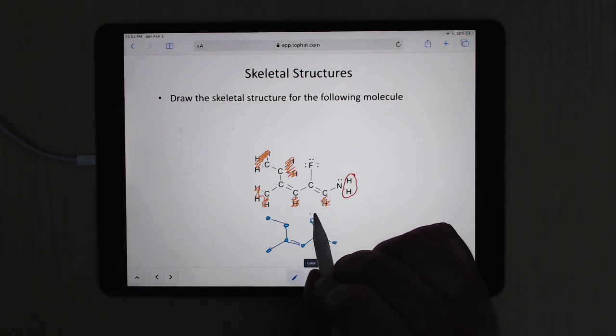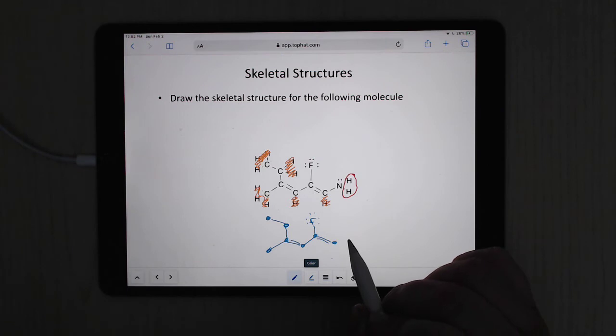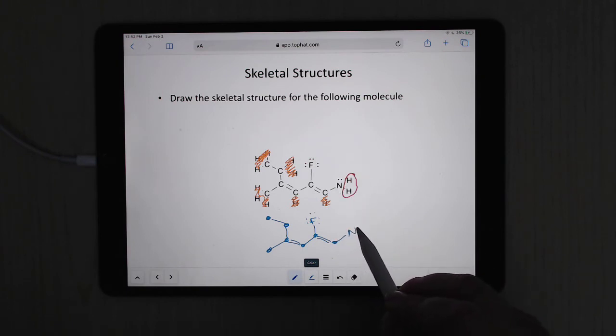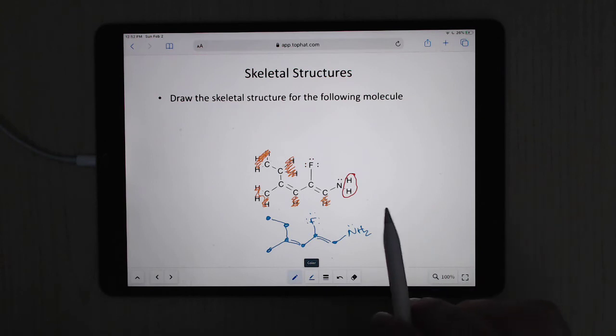If you want to put in the lone pairs, it's a good idea to do that, but it's not required. And then this one here, you can draw with the lines in it, or you can draw it as a condensed structure. That doesn't matter. You can get away with either one. But that's it. That's your skeletal structure right there.